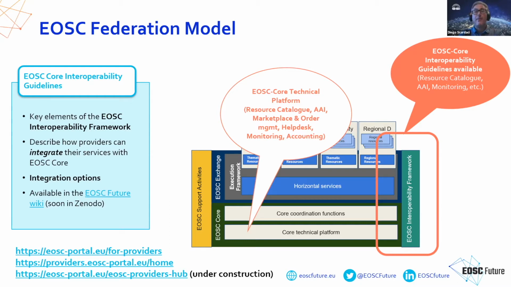Instead, a less mature community that does not have its own help desk can decide to use the EOSC help desk as its own help desk, creating a dedicated support unit. This concept of integration options is available for all the different core services, and the different options are described in the EOSC Core Interoperability Guidelines of the related core services.